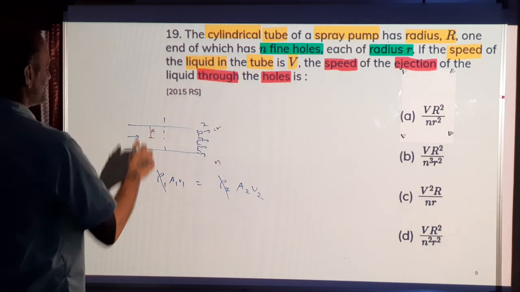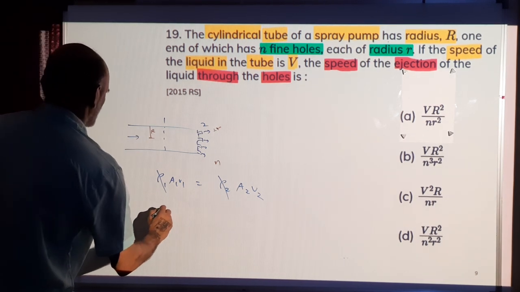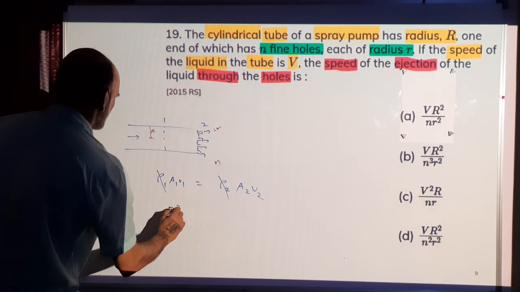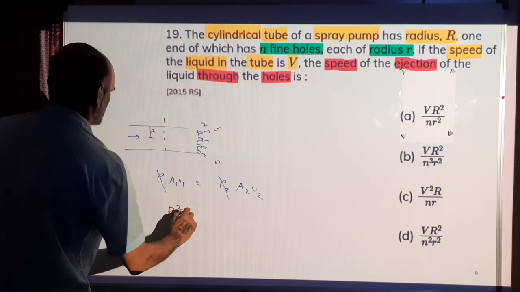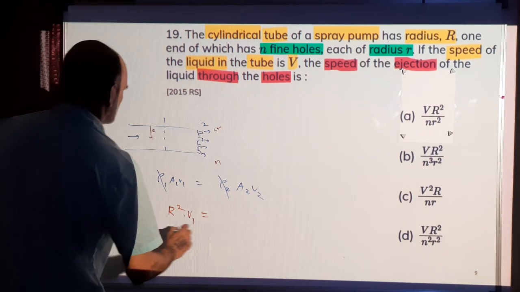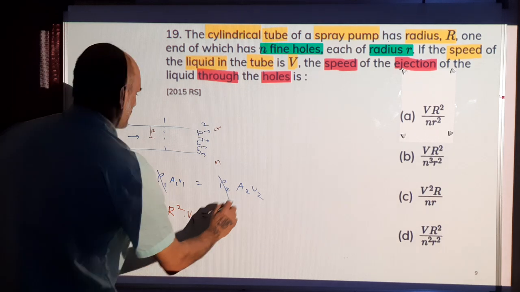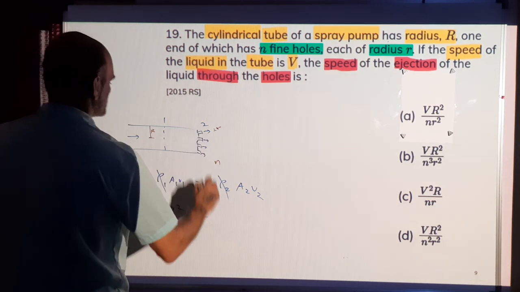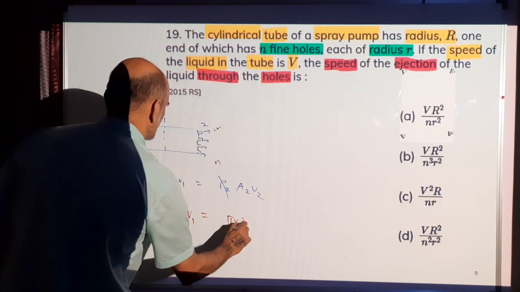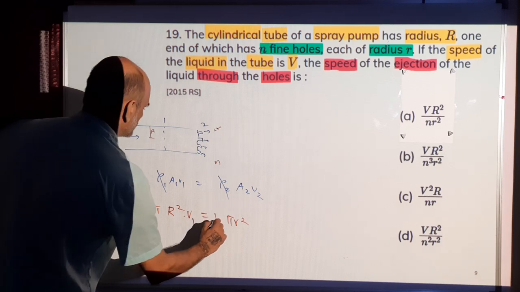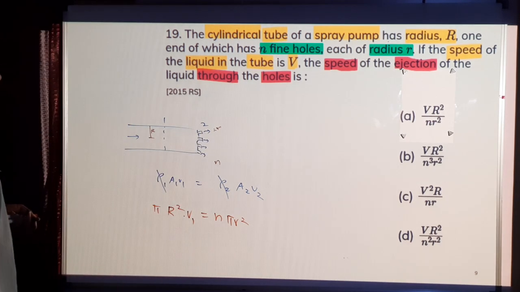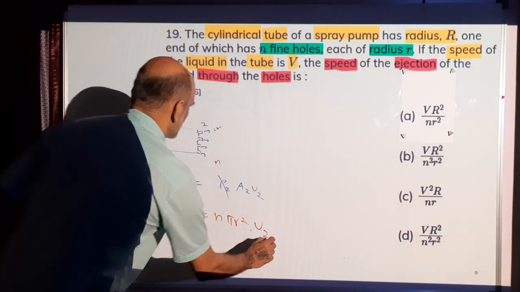This A1 is this area, it is pi R square, into V1. Pi will get cancelled, and this area is each one of these pi r square, and there are total n of them. So total area is n into pi r square into the velocity with which the liquid is coming out.